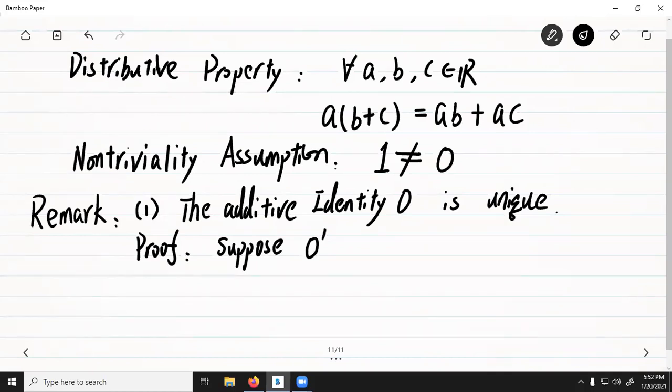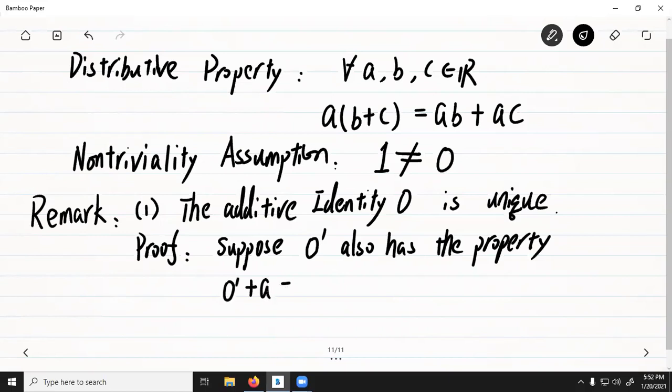We use another symbol, 0 prime. 0 prime also has the following property: 0 prime plus A is equal to A plus 0 prime, which is equal to A, for any real number A.